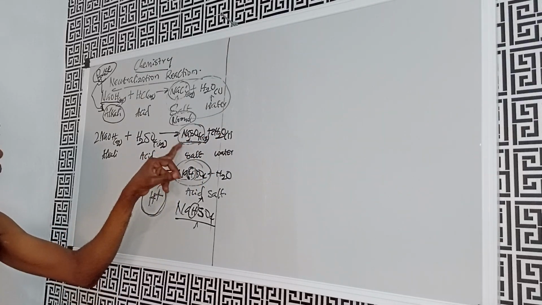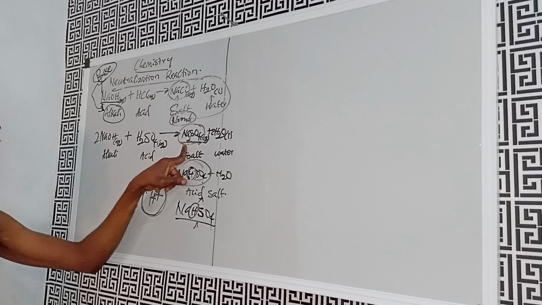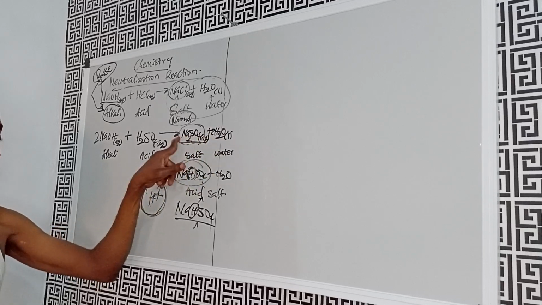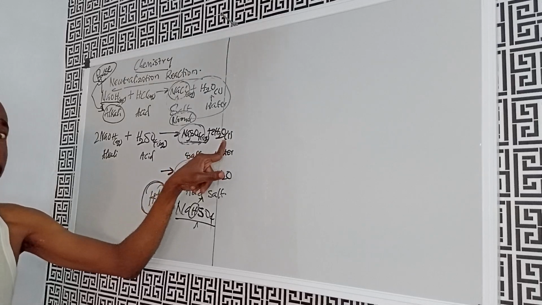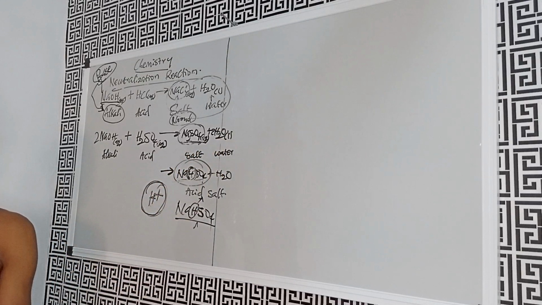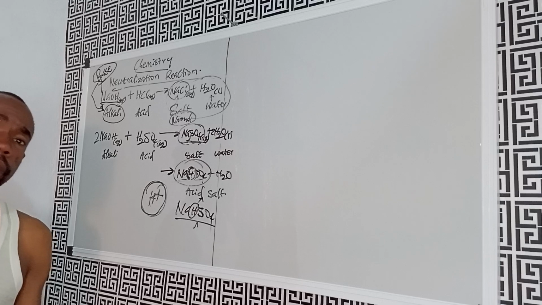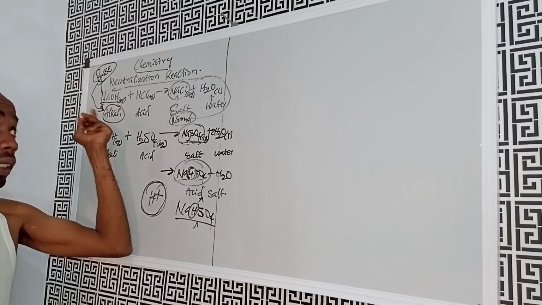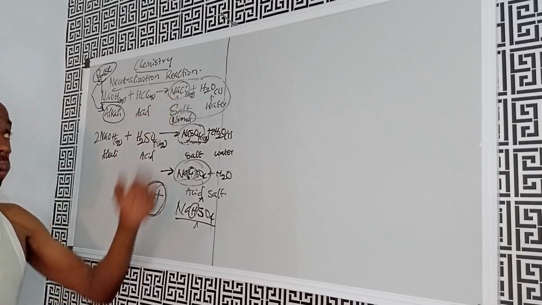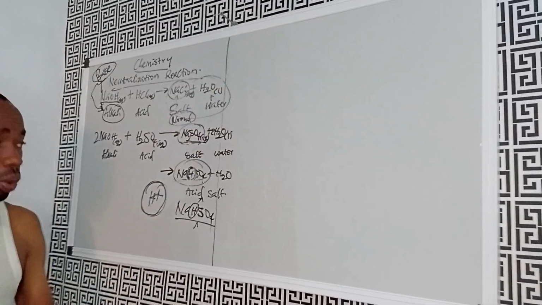So you can still see that it's a normal salt that is formed, and it's only two products, salt and water only. That's why, when you want to define a neutralization reaction, it's a reaction between an acid and a base to give salt and water only.